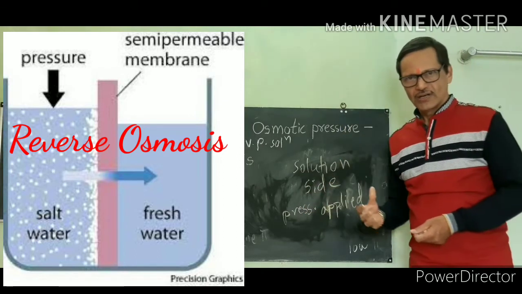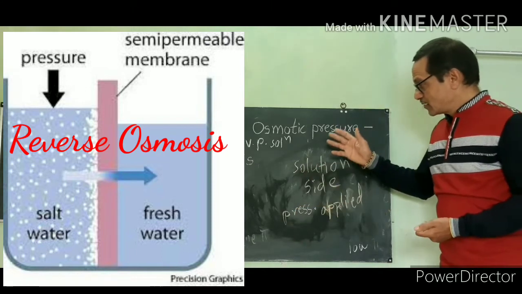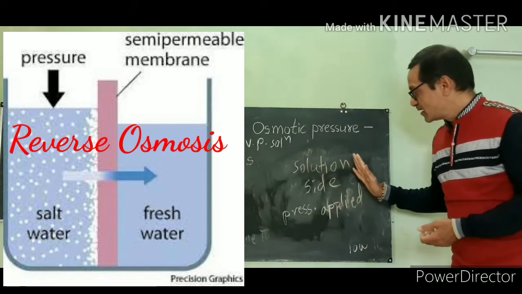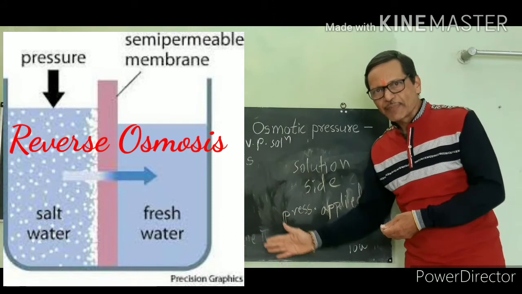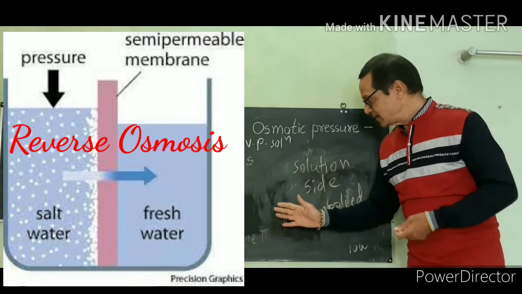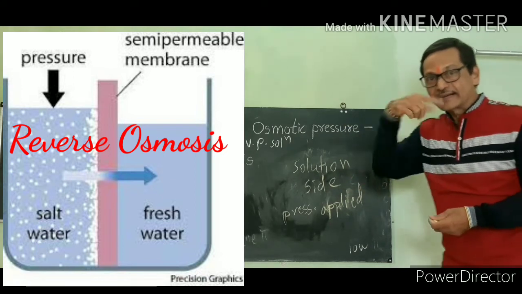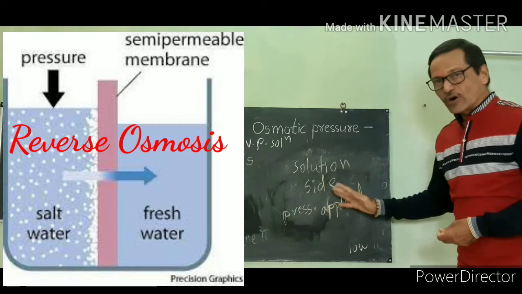If we take water and seawater separated by a semi-permeable membrane, and we apply pressure on the solution side greater than the osmotic pressure, this is important, then what will happen?